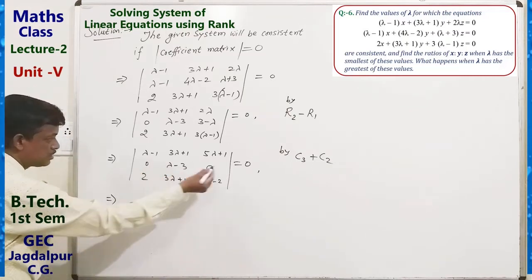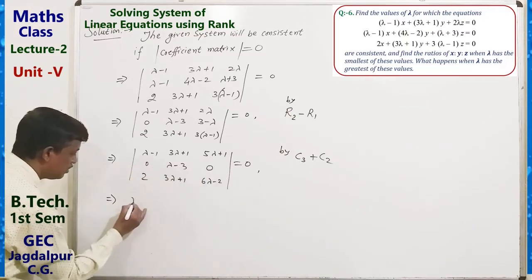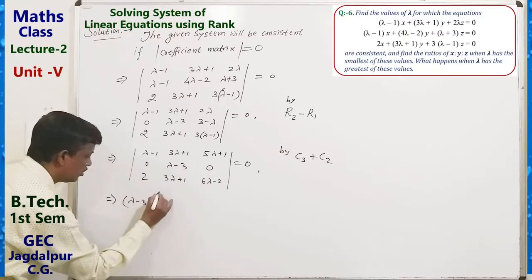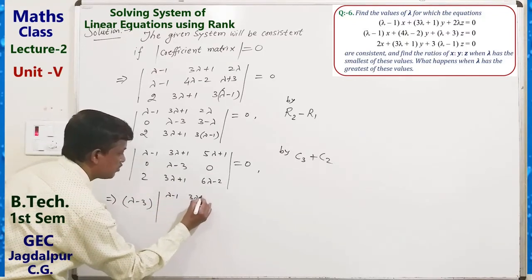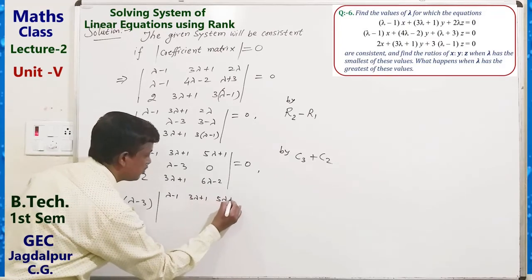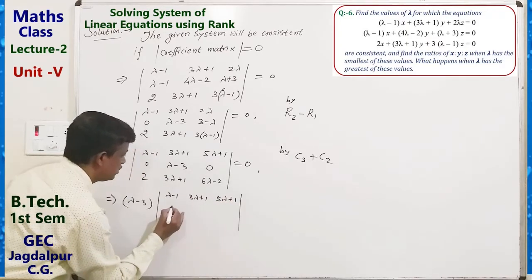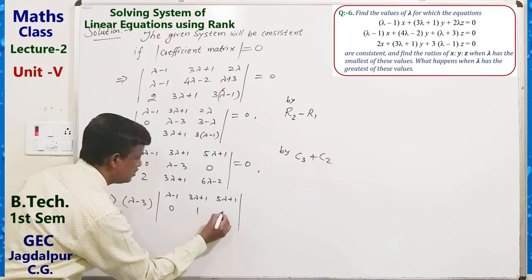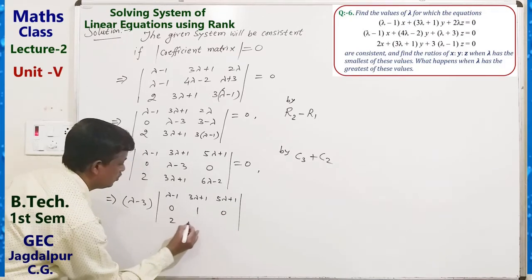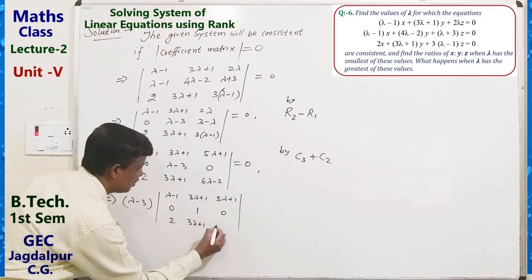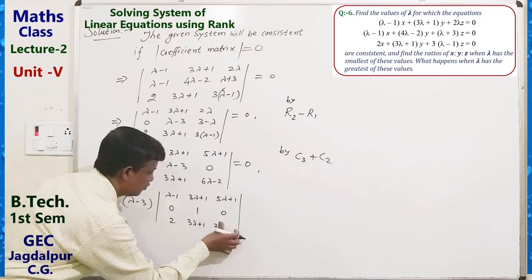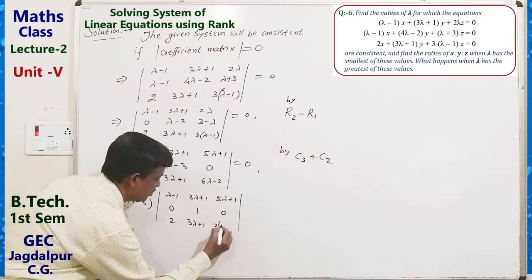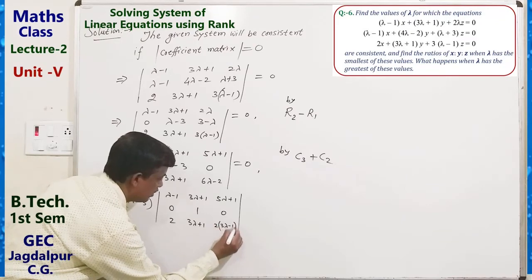Here in this row, lambda minus 3 can be taken common, and lambda minus 1, 3 lambda plus 1, 5 lambda plus 1, and 0, 1, 0, and 2, 3 lambda plus 1, and 2 lambda, 2, 3 lambda plus 3 lambda minus 1.